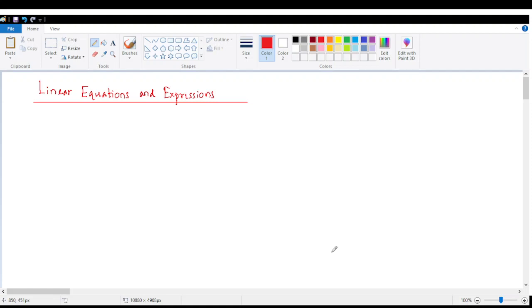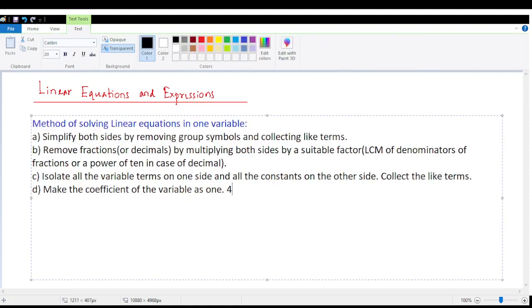So the method of solving linear equations comes with the following steps. We are going to start with solving linear equations in one variable, right? These are the steps in which we are going to solve linear equations in one variable.